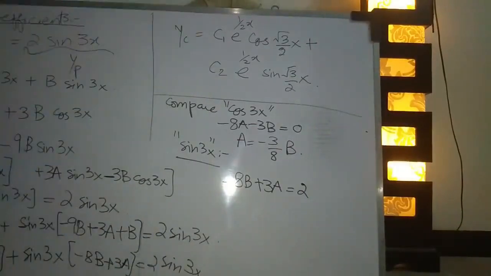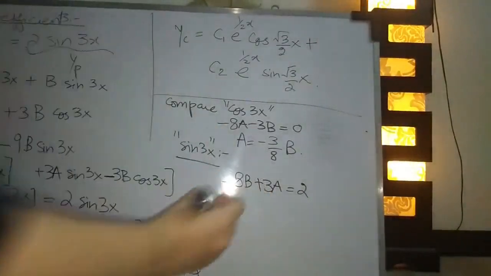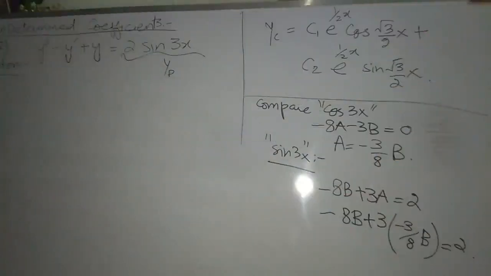So here I am replacing the value of a, and now minus 8b minus 9b divided by 8 equals 2.